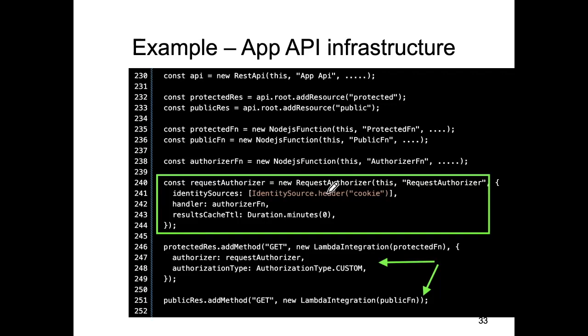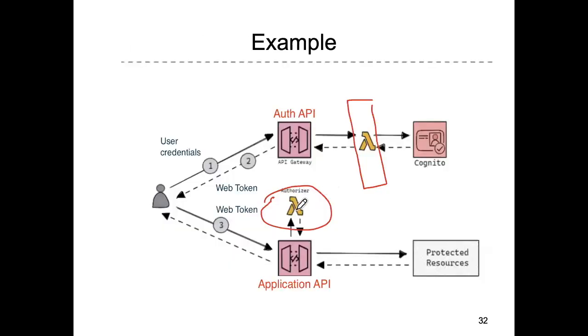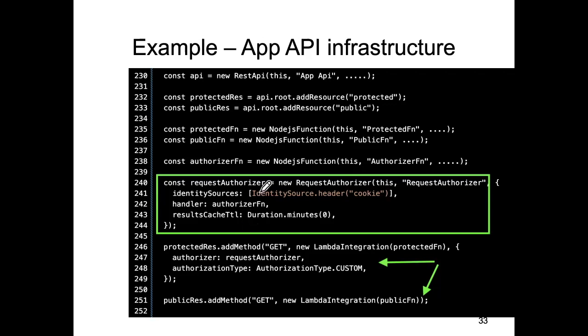I'm sorry for flicking back and forth, but this lambda here needs to know how tokens are included in the requests that come along here. And in my case, the token will be sent as a cookie. And that's essentially what this setting is telling the request authorizer: you'll find the token in the cookie headers, the request cookie headers.